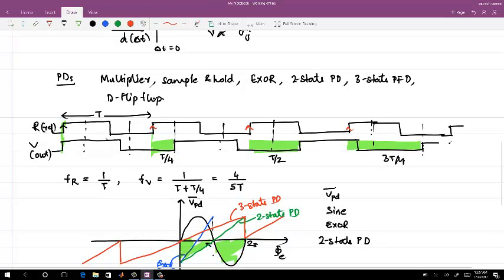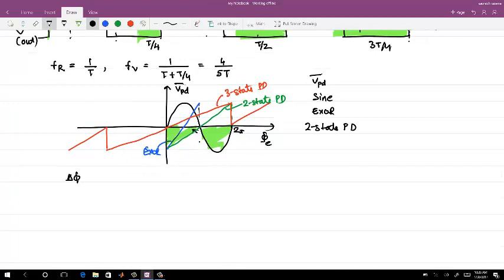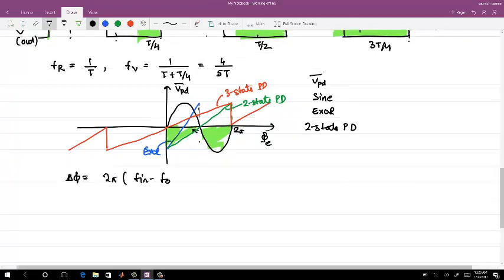So let me come back to the same example. You have seen it has increased T by 4, T by 2 and 3T by 4. The next will be T, which is close to 0. T is 0, meaning it depends how far apart you are separated, and then it wraps again, and again it will be the same thing. So if you consider delta phi as the integral of 2 pi (f in minus f out) dt, that is the phase error.